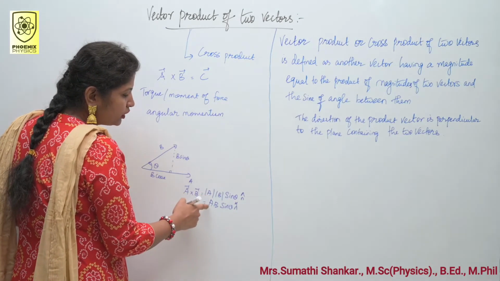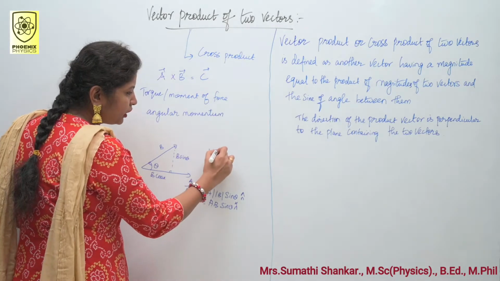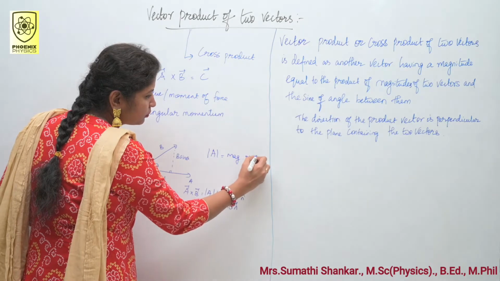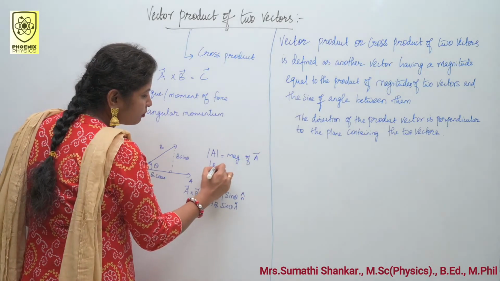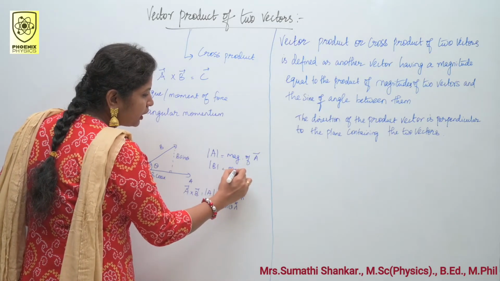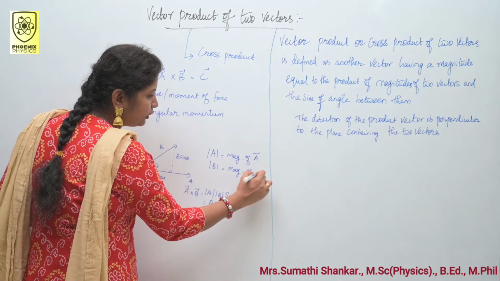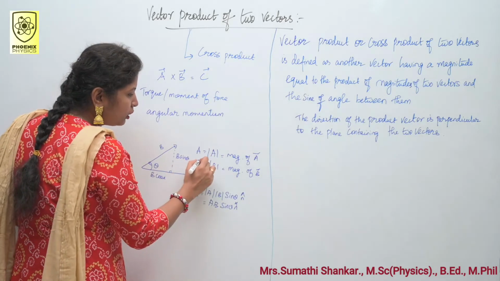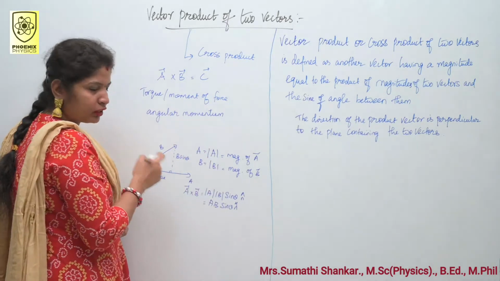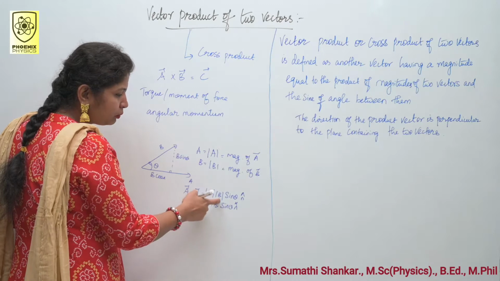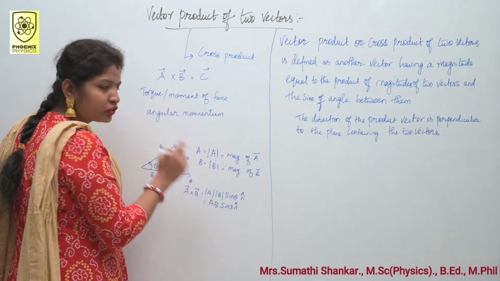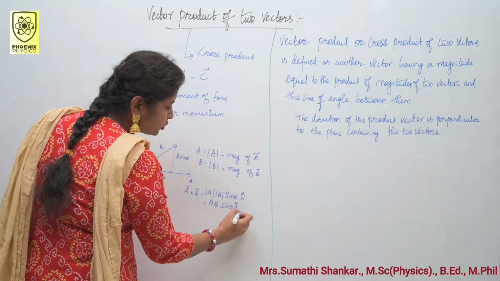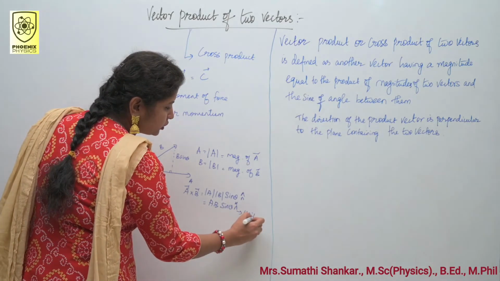Here, what is A? Modulus of A is nothing but the magnitude of A vector. Modulus of B is nothing but the magnitude of B vector. So modulus A can be written as capital A, modulus B can be written as capital B. Instead of mod A and mod B, I have written AB sin theta. Then what about this n cap? N cap is nothing but a unit vector.